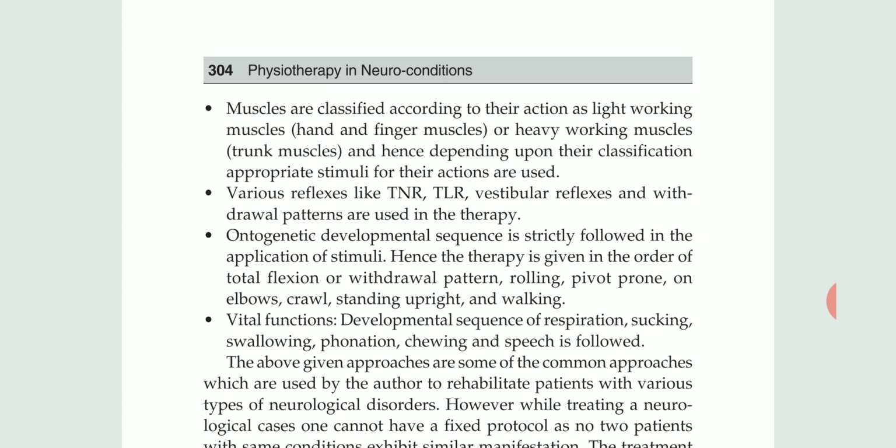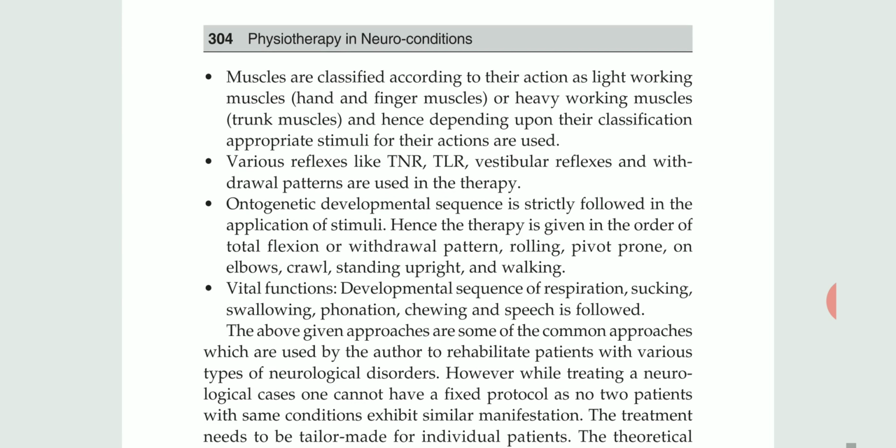Ontogenetic developmental sequence is strictly followed in the application of stimuli, hence the therapy is given in the order of total flexion or withdrawal pattern, rolling, pivot prone, on elbows, crawl, standing upright, and walking. Vital functions: developmental sequence of respiration, sucking, swallowing, phonation, chewing, and speech is followed.